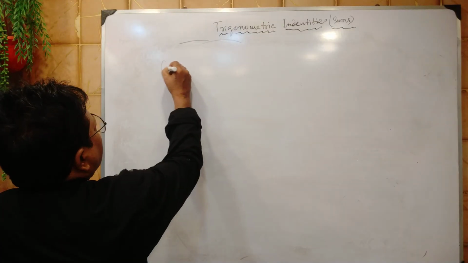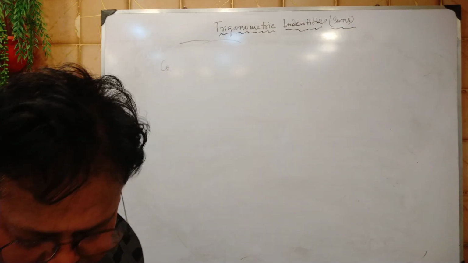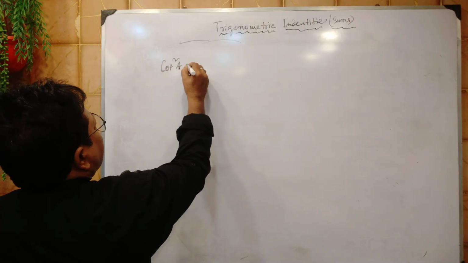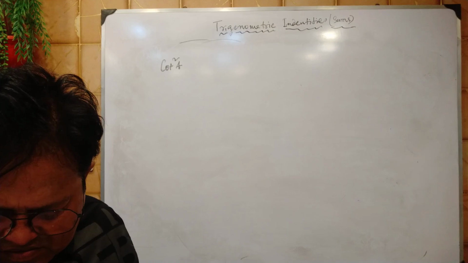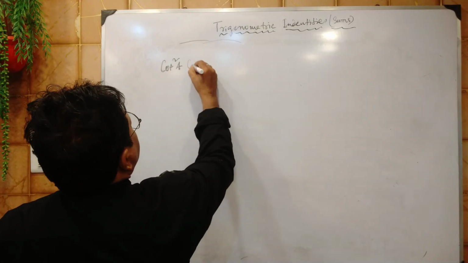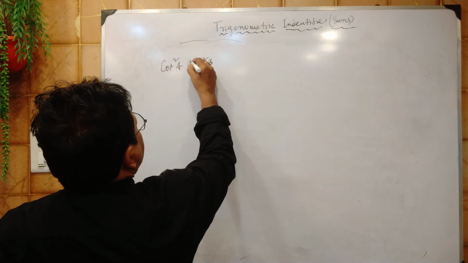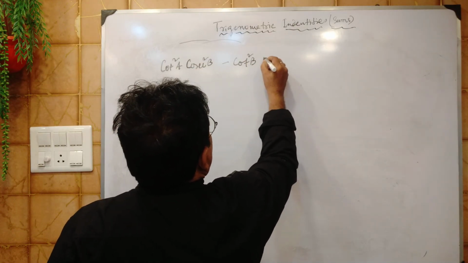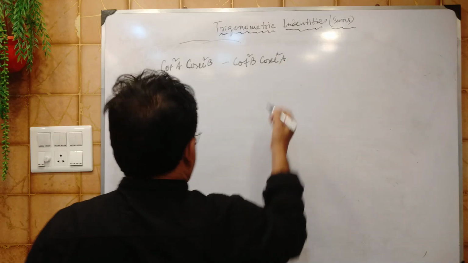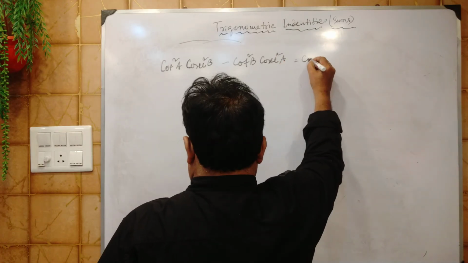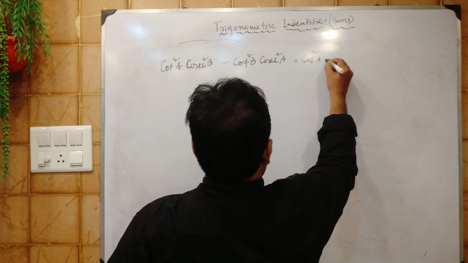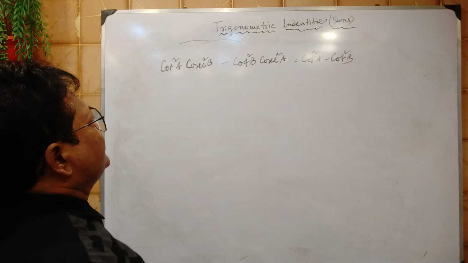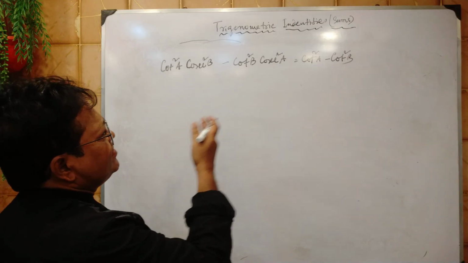Cot square A cosec square B minus cot square B cosec square A is equal to cot square A minus cot square B. This is the identity we will have to prove from left hand side to right hand side.